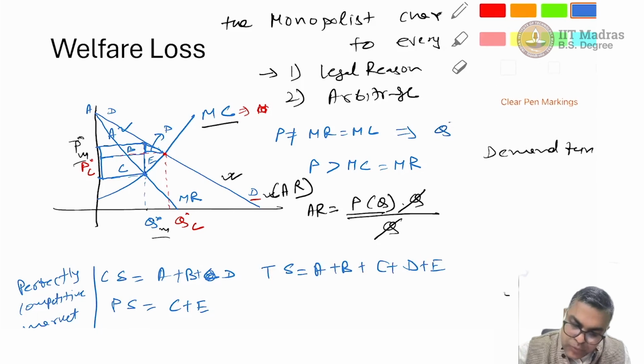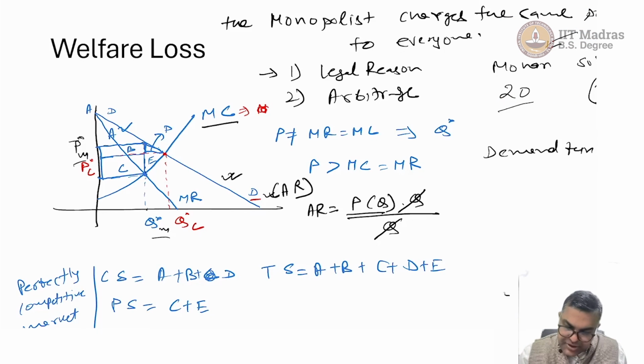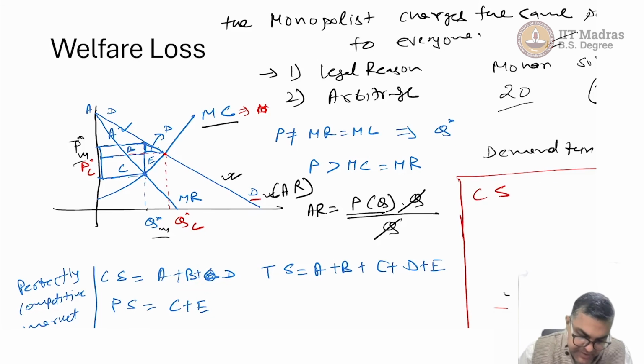Now let us look at the monopolist. How much is the consumer surplus? Now only these many items are being bought at PM price. So this is going to be consumer surplus, which is equal to A. How much is going to be producer surplus?